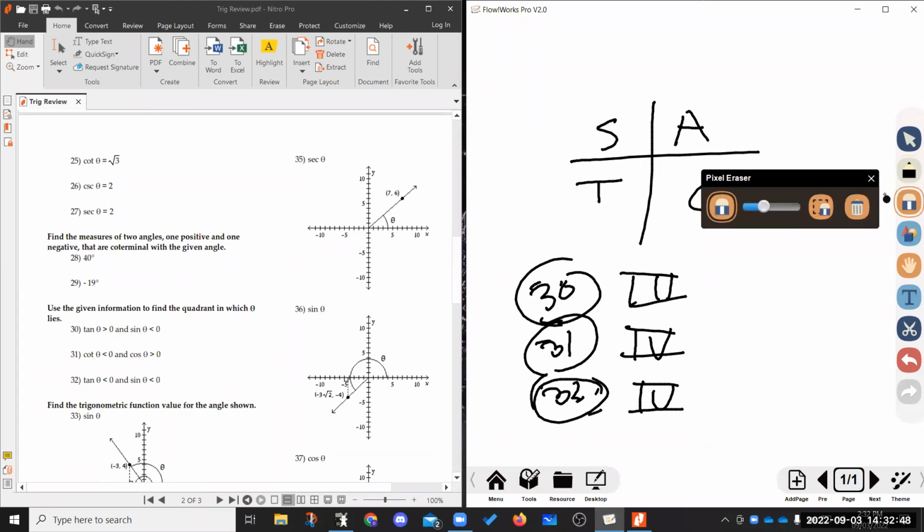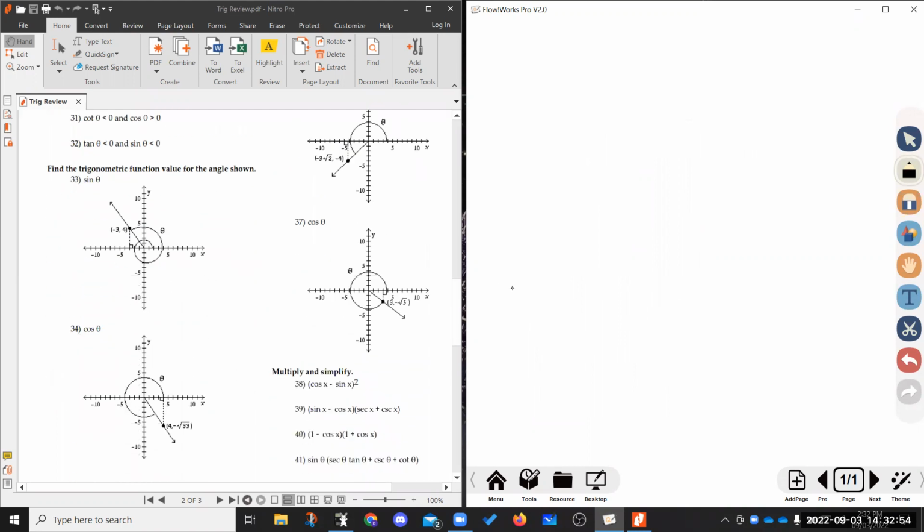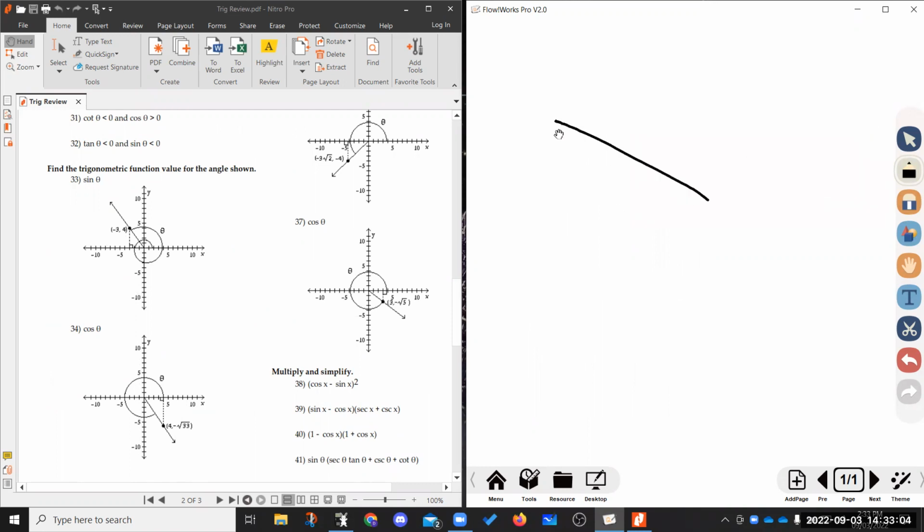Now I'm on to number 33. Find the trigonometric function value of the angle shown. So I've gone all the way around. This is a 3, 4, 5 right triangle in quadrant 2. So I'm in quadrant 2, -3, +4, always a positive value for my hypotenuse. It asked me to find the sine of the angle. So the sine of my angle theta is going to be equal to 4/5.